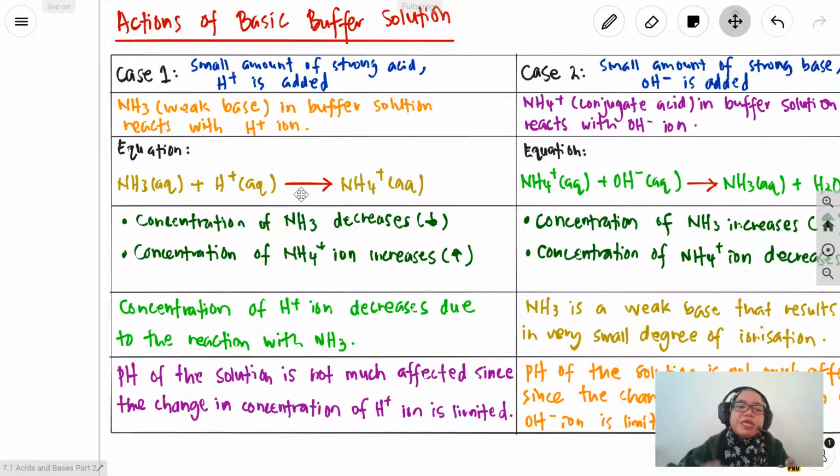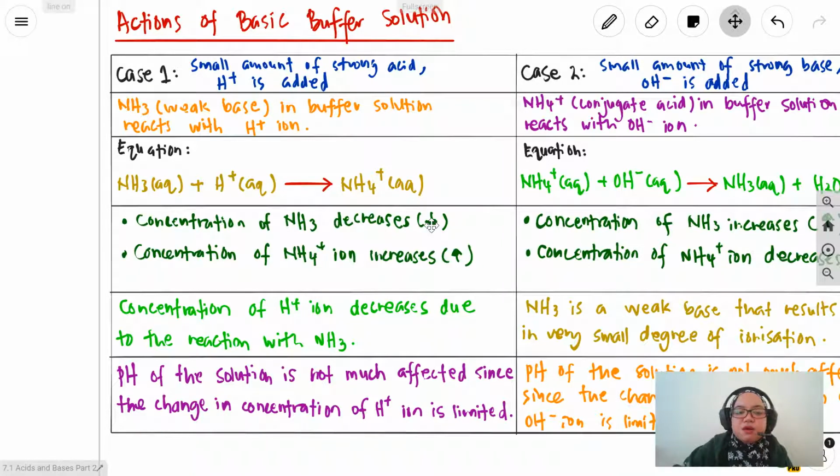Okay. So it will also make the concentration of H+ ion decrease. Why? Due to the reaction with NH3. Okay, because NH3 reacts with hydrogen ion, right? So the hydrogen ion concentration also decreases because it reacts with NH3.